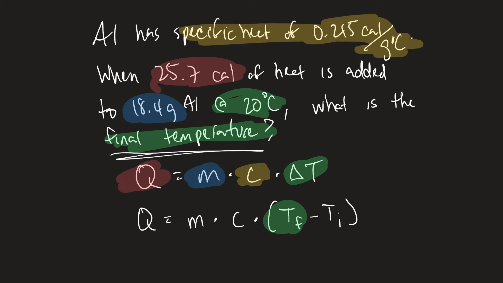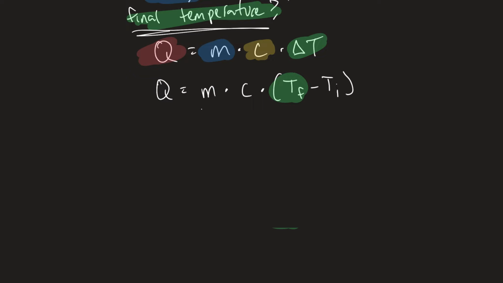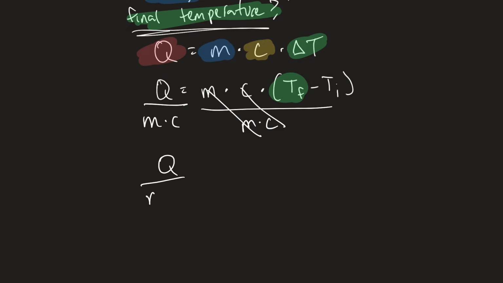When I rearrange this, I'm going to divide out my M times C. When I divide these out, I can put it on the other side. So I have Q over M times C equals TF minus TI.